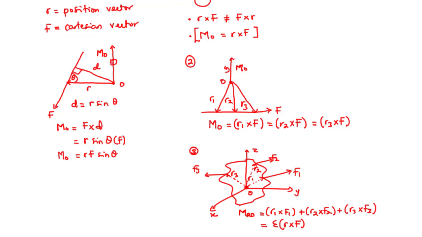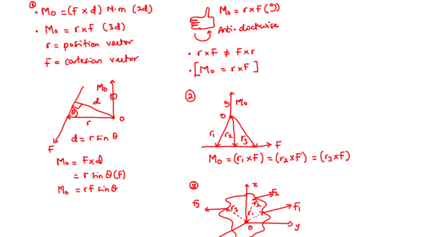Now let's kindly take notice of the fact that moment does not always act in the anti-clockwise direction. Now let's assume that we have the right hand position such that we have these to be the 4 fingers, and then we have the thumb acting vertically downwards.